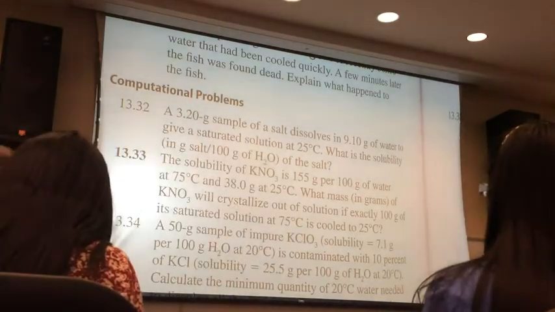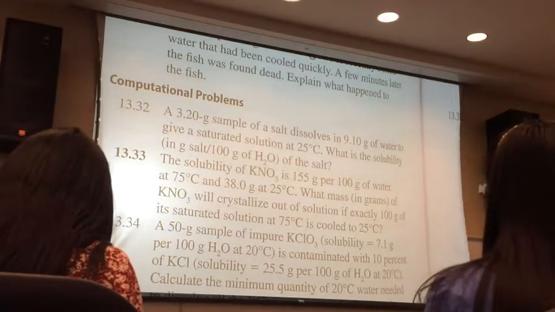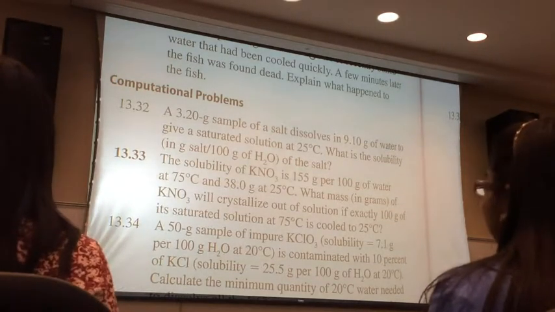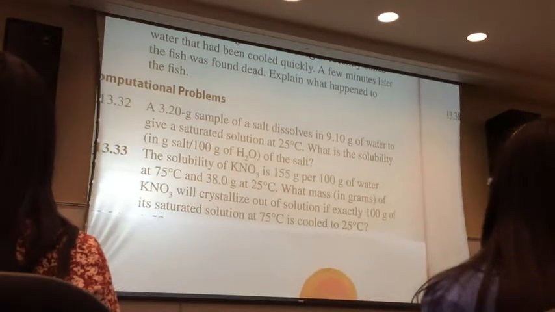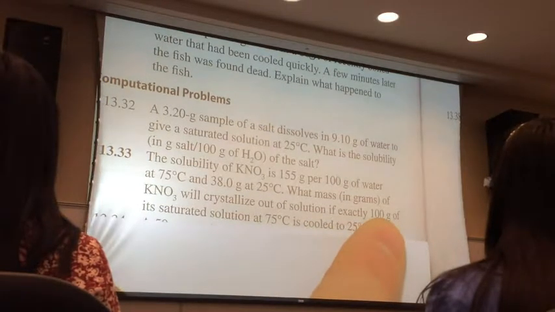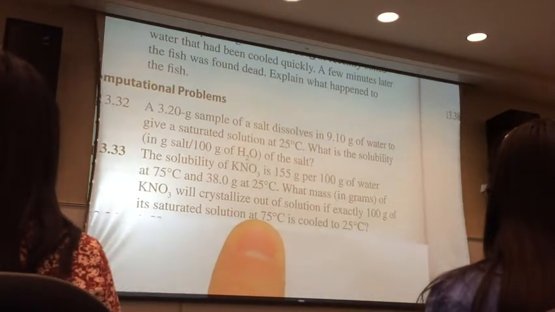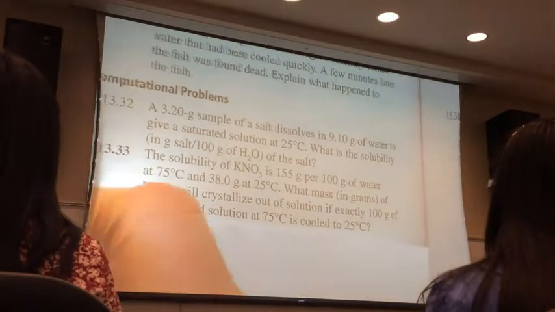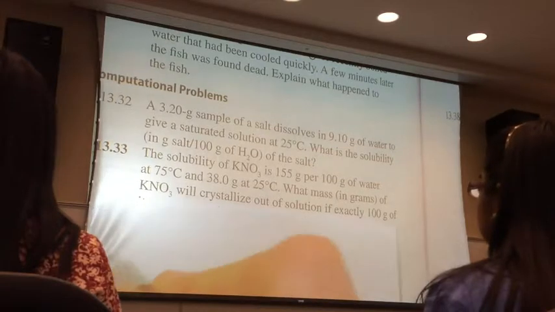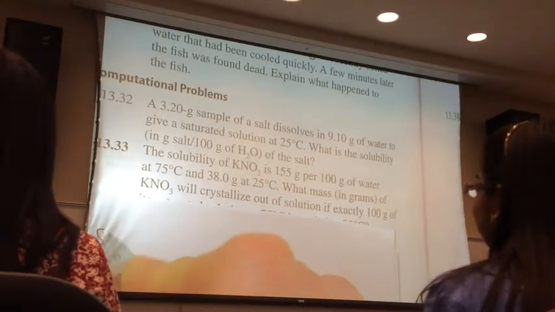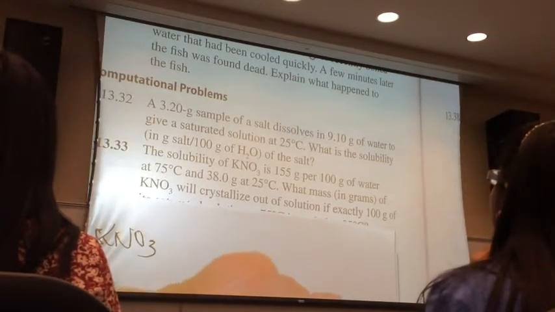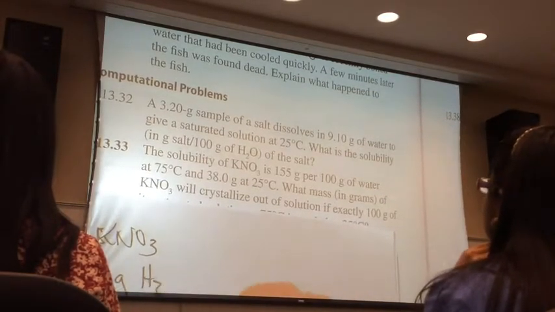All right, you pick a tricky one, wouldn't you? All right, good. This one we got to do a little bit of thinking about. The tricky part, if you will, is that we have 100 grams of solution, and so if we have 100 grams of solution, this is going to equal X grams of potassium nitrate and 100 minus X grams of water.